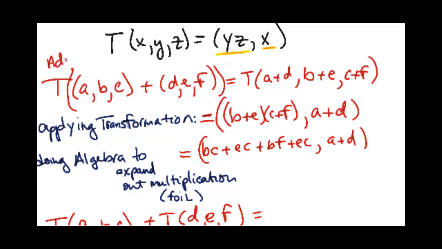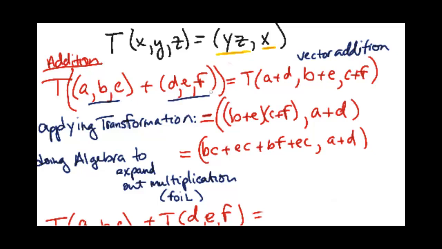Just to see if it's preserved under addition. So the question is that when I take two such vectors and apply the transformation, what do I get? So this first step is just doing vector addition right here. We're adding the x components and the y components of these two vectors and the z components.